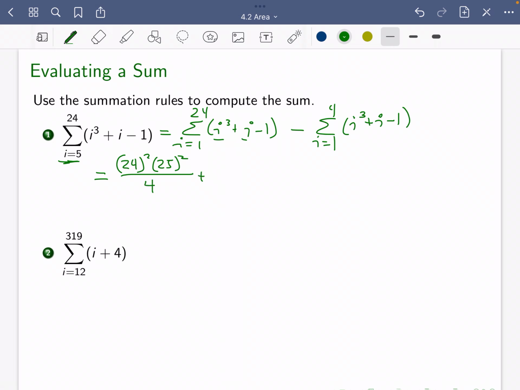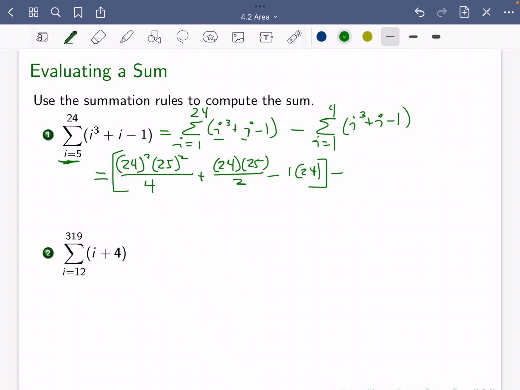For the i term, we take that upper limit times 1 more than that upper limit over 2. And then we have this constant 1 that we will multiply by the upper limit. So that's all the first summation.